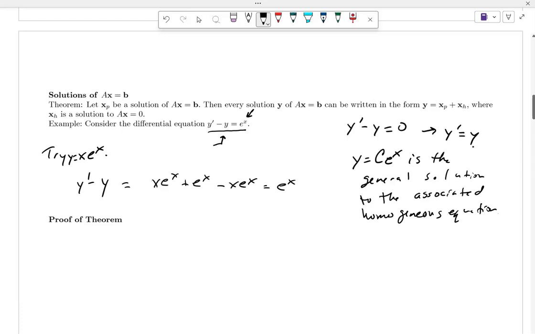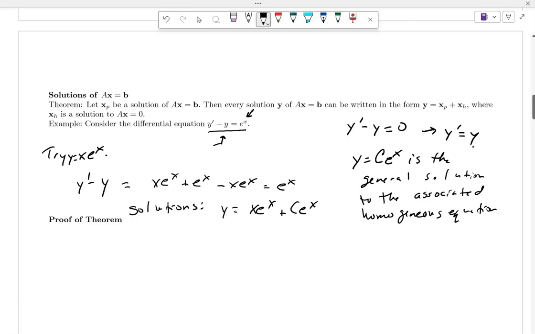Now to get all of the solutions to the original equation, we'll take the particular solution, the x e to the x, and add on the general solution to the homogeneous system. So this is what the theorem is saying.